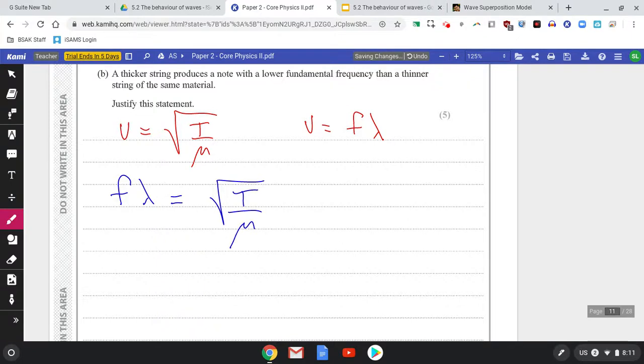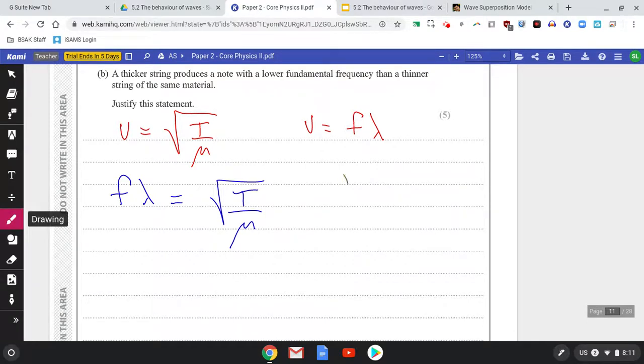Now all we're doing here is producing a thicker string. So it's the same length, so it's going to have the same wavelength for the fundamental. It's going to have the same tension. We're not tightening it.